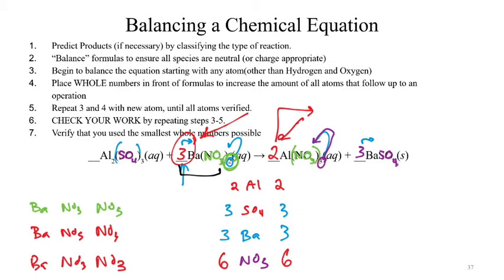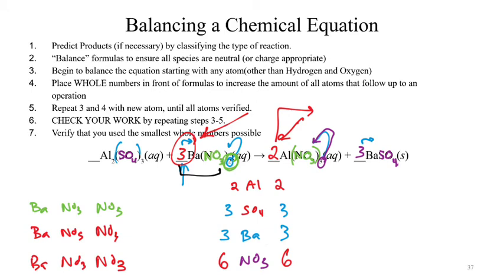So when we go through and balance, officially what we're balancing out is the elements on both sides, because we can't destroy elements. Can you destroy complex ions? Yes, you can. So the process that we did by balancing with the complex ion, we can't always do.